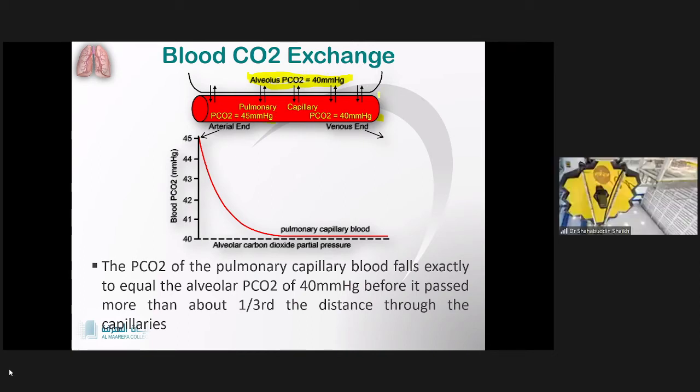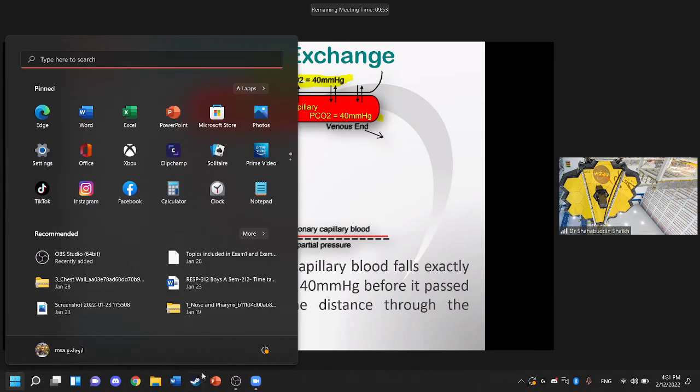Can you remember these three numbers? Carbon dioxide partial pressure in alveoli is 40, in arterial blood is 40, and in venous blood is 45.